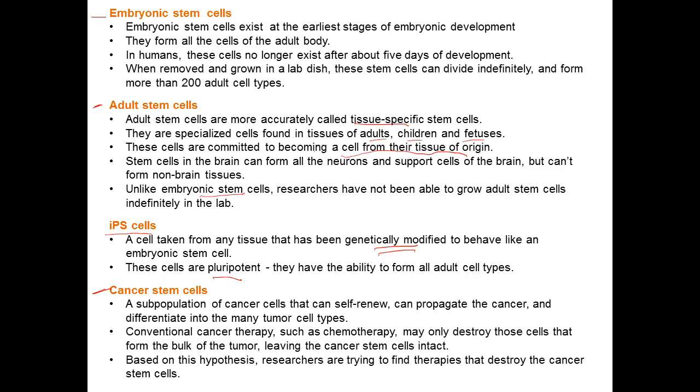People long speculated about the possibility that stem cells give rise to cancer, and it is generally accepted in the literature and by most cancer researchers. This is a subpopulation of cancer cells that can self-renew, can create all the cells that are required in the cancer. And for some types of tumors, like teratomas, can produce many, many different cell types.